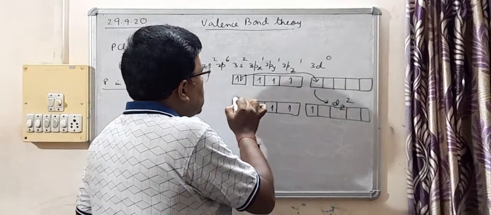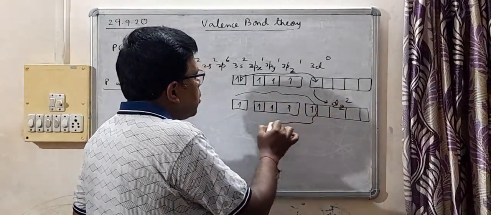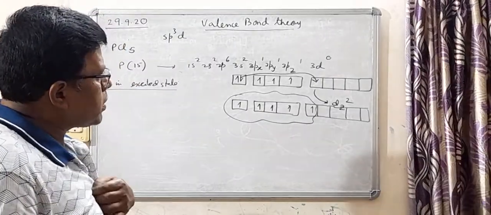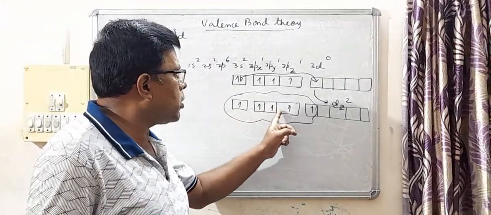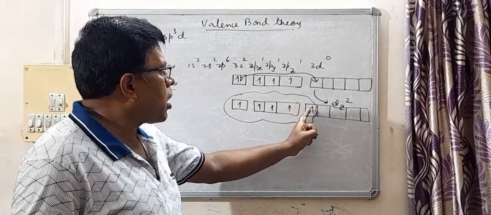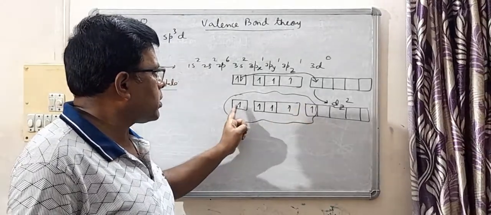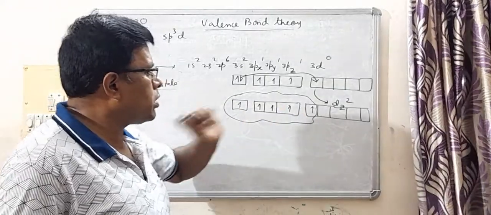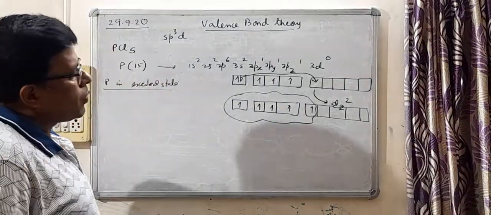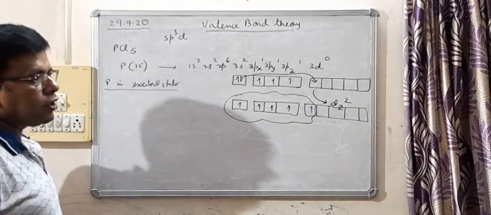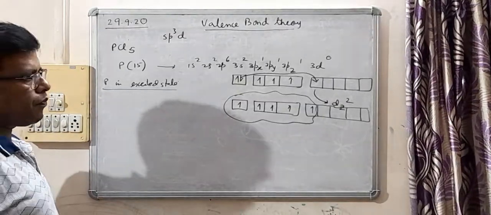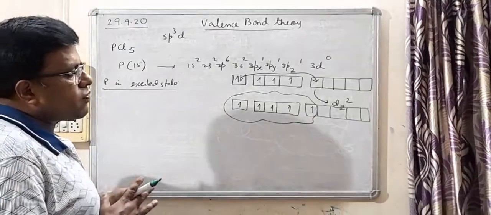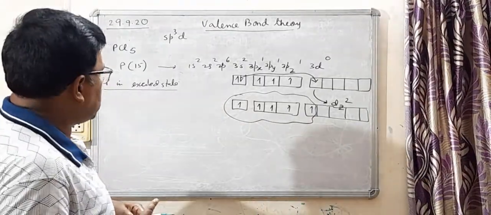So these orbitals are going to mix with one another, so hybridization will take place and it will be sp3d hybridization. On their mixing, a set of 5 new orbitals will be formed. Now what is the angle between these 5 orbitals? That we have to see.